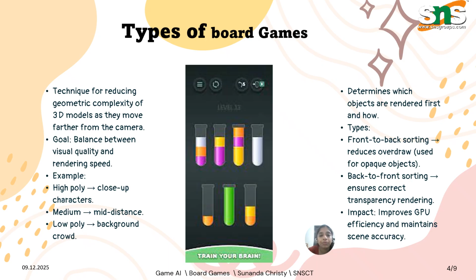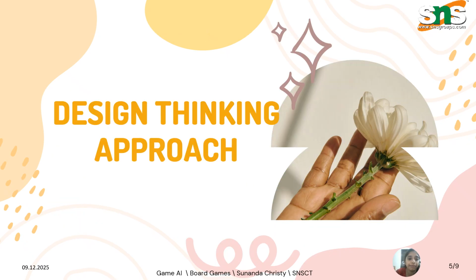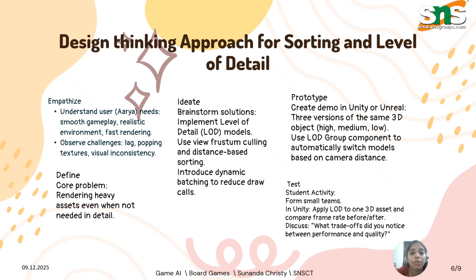And also we should find the sorting order, whether it goes from front to back or back to front. If you take the snake and ladder game, it starts from down to top. So in that way we have to render all those data, and only then start the board game. The approach of sorting and the level of detail is very important for board games.